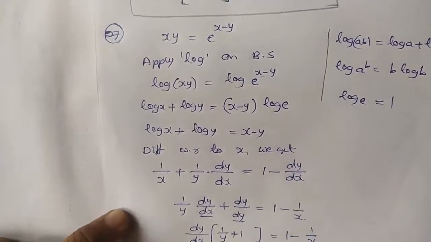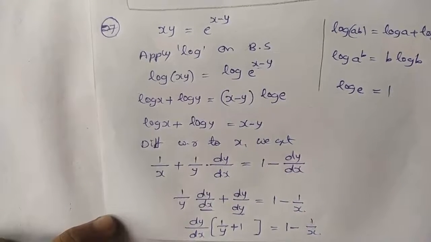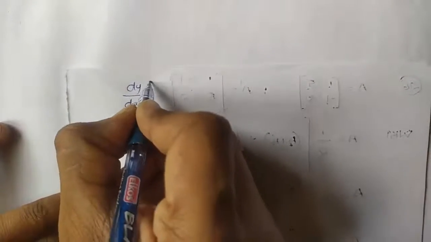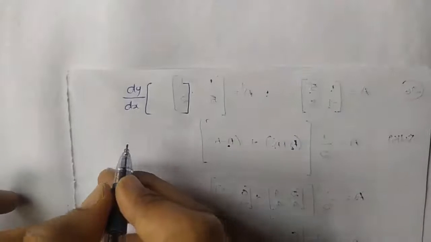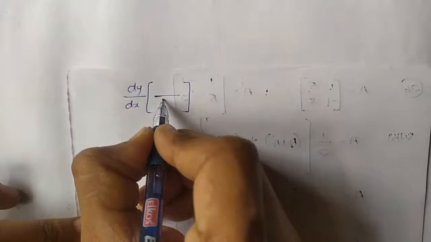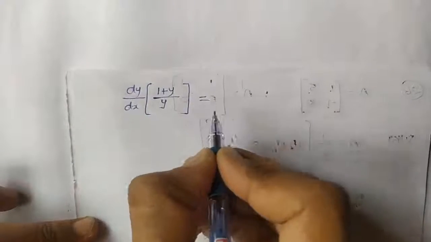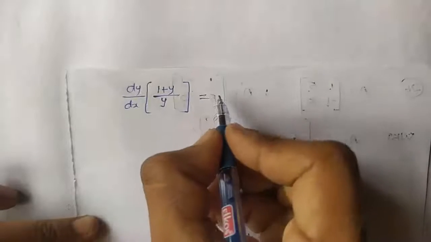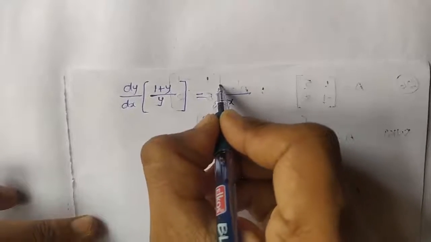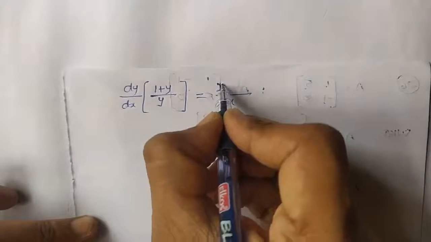Okay, now I'm just turning the sheet to the next page. So see, dy by dx into, let us simplify in between the brackets. 1 by y plus 1, the LCM is y, then in the numerator we will get 1 plus y, equals, in the right hand side also LCM is x, numerator is x minus 1.